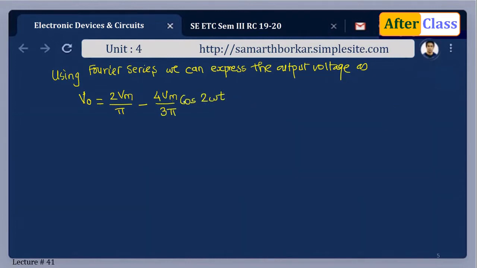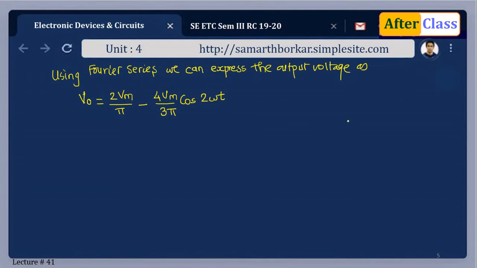But for higher order harmonics the magnitude of the amplitude is so small that it does not make much of a difference to your final output voltage. So we can neglect the higher order terms or the harmonics.